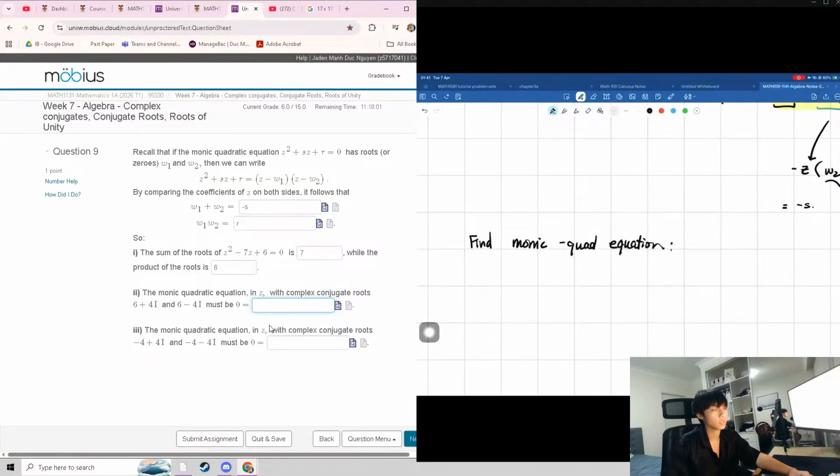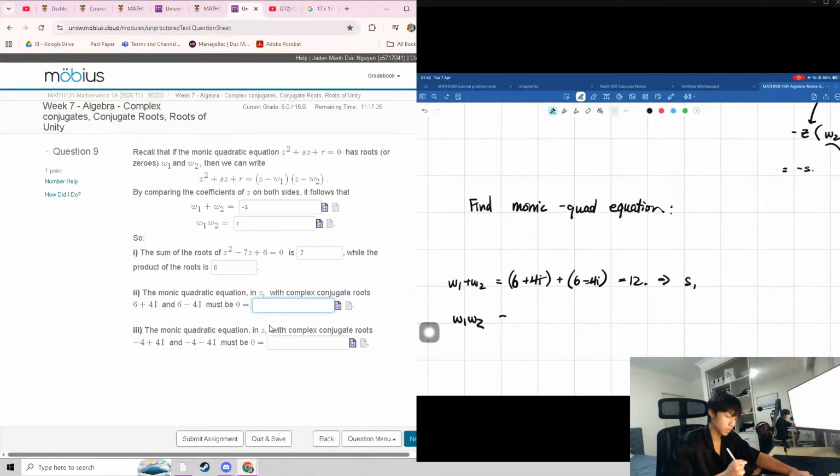And so it's saying the sum of the roots, 6 plus 4i, so this is W1 plus W2, plus 6 minus 4i. And so that cancels and we get 12. So that is basically our S.